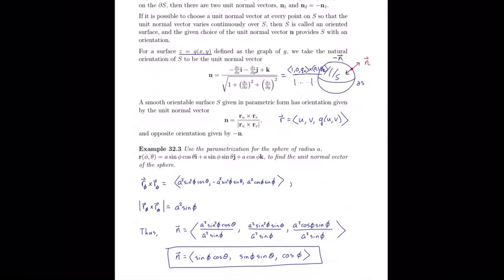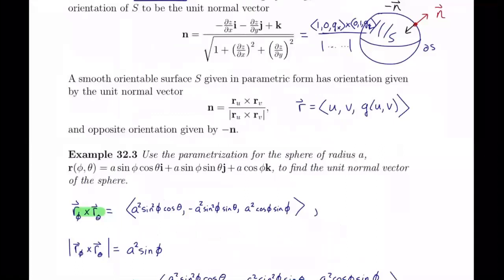So real quick, let's calculate the normal vector of a sphere of radius a. Okay, so let's find this normal vector. First things first, we need to calculate the cross product of r phi and r theta, the partial with respect to phi, then the partial with respect to theta. We've done that before, only now the difference is with a parameter a.